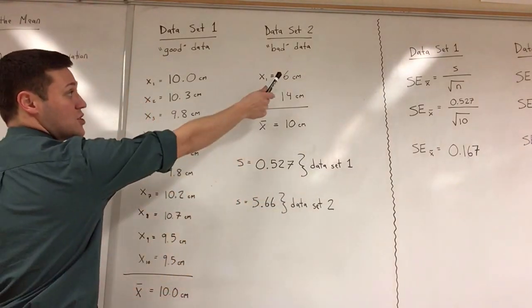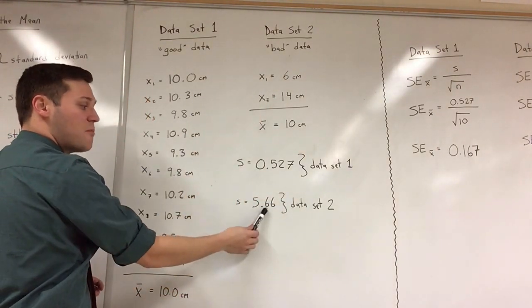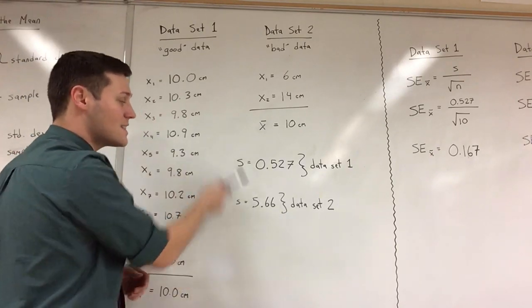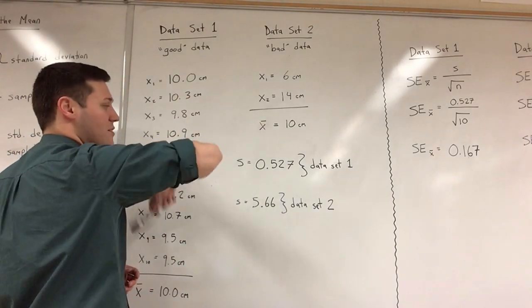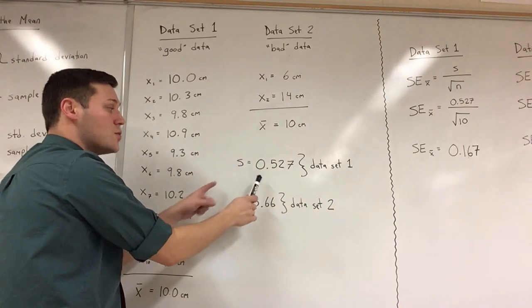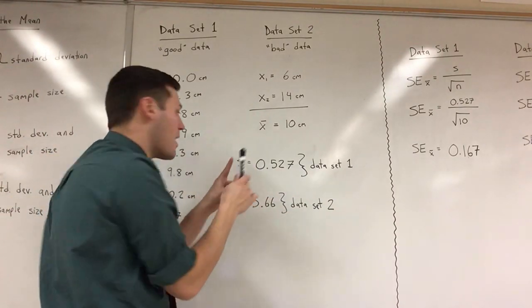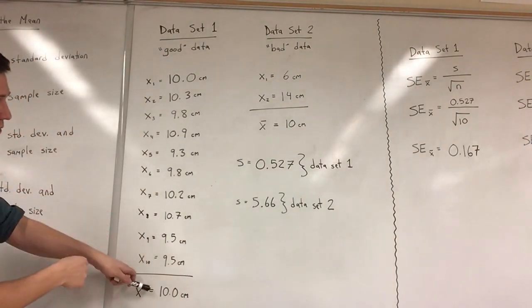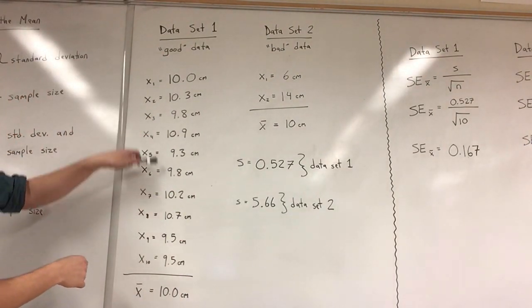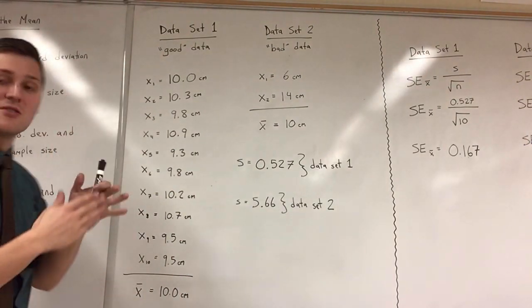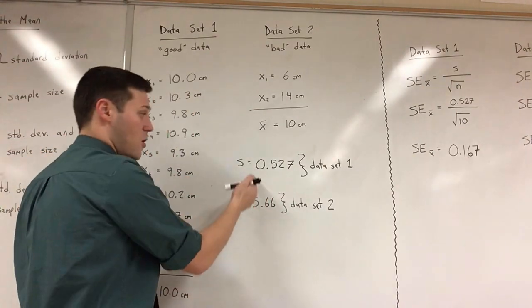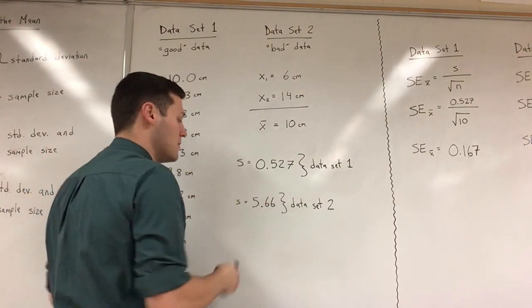And the standard deviation for data set 2 is 5.66. So just looking at the standard deviation without even having looked at this data, you can tell that data set 1 is a lot less spread out. So if you look at this, the average is 10. They don't deviate from 10 centimeters that much. So our standard deviation is pretty low.